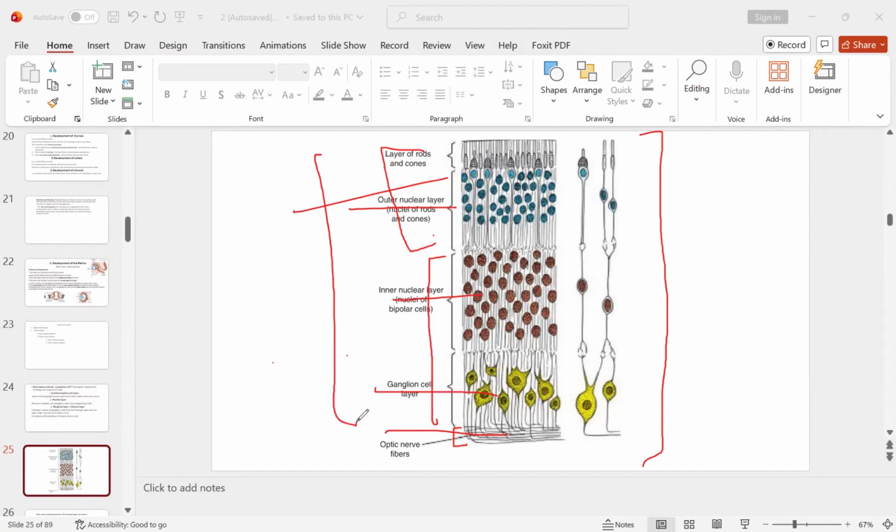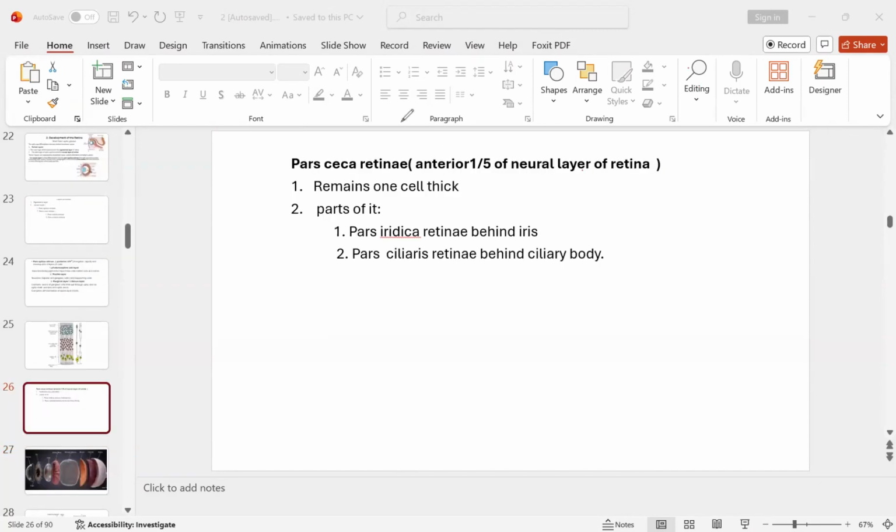So now let's move to the pars ceca retinae. So let's now discuss pars ceca retinae. Pars ceca retinae is making up anterior one-fifth of the neural layer of retina. As it is part of neural layer of retina, the source for the development of pars ceca retinae is similar to the source for the development of neural layer of retina, which is the inner layer of the optic cup.